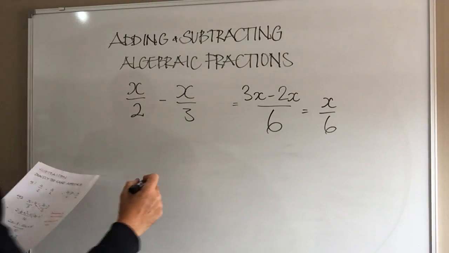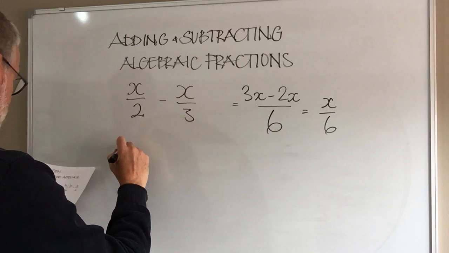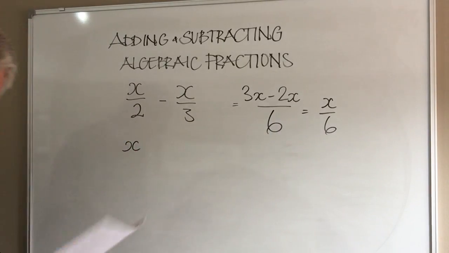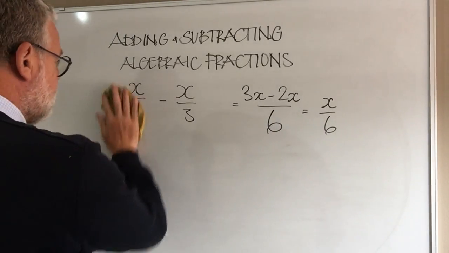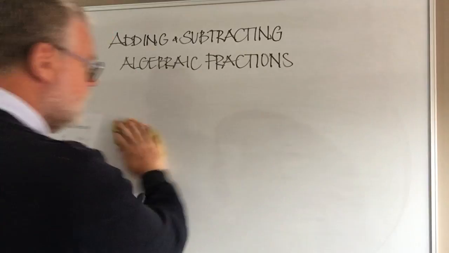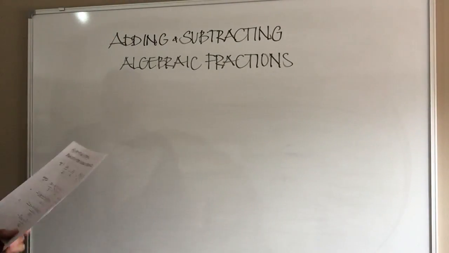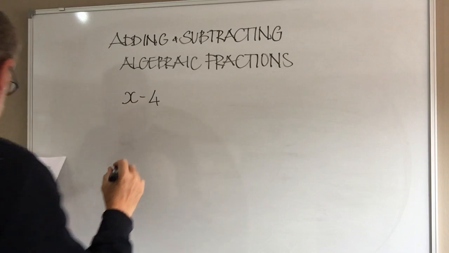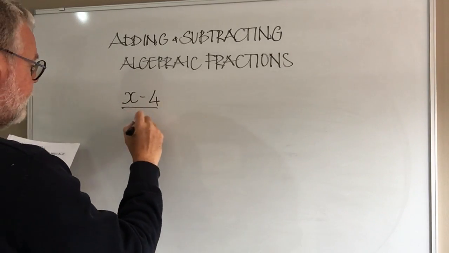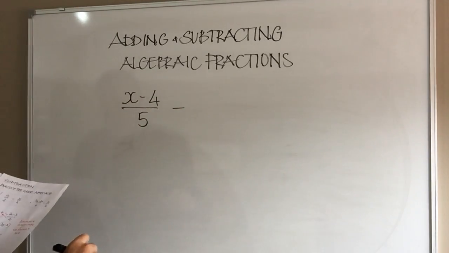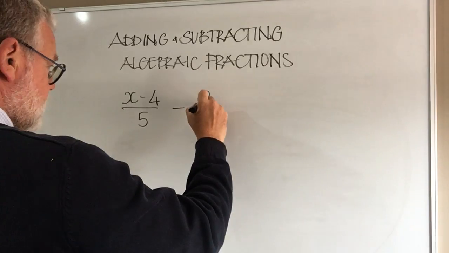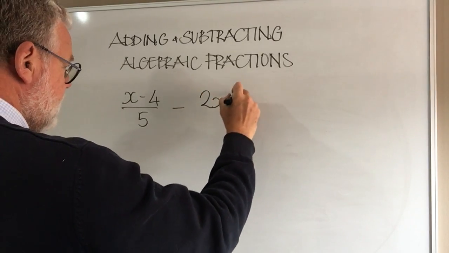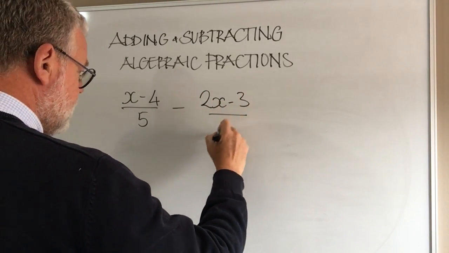And one more challenging one. Let me just rub that off the board, just to give us a bit more room to work. So now we've got x minus 4 over 5 take away 2x minus 3 over 2.